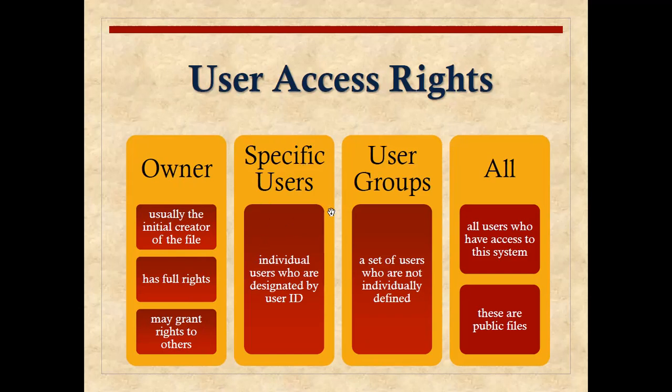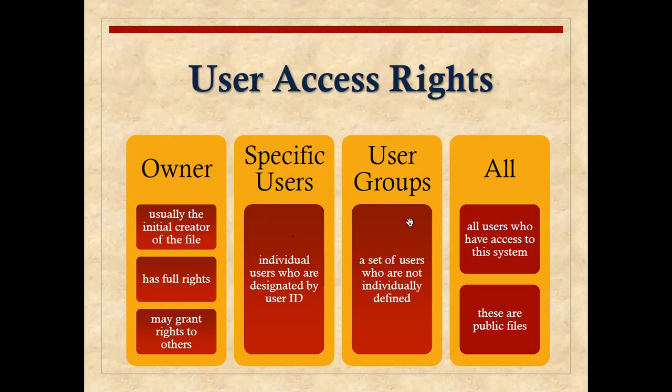Specific users, which I am selecting, that some person is allowed to change or modify the contents. That is specific users, individual users who are designated by the user ID. I'm giving you some user ID and password, and then you are allowed to change the contents of that particular file.